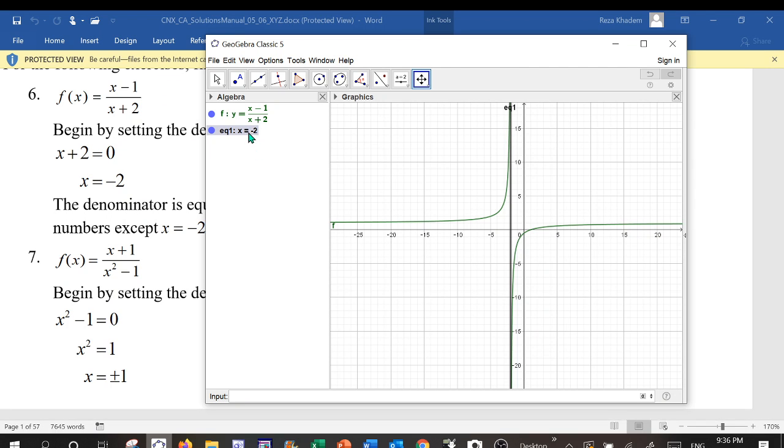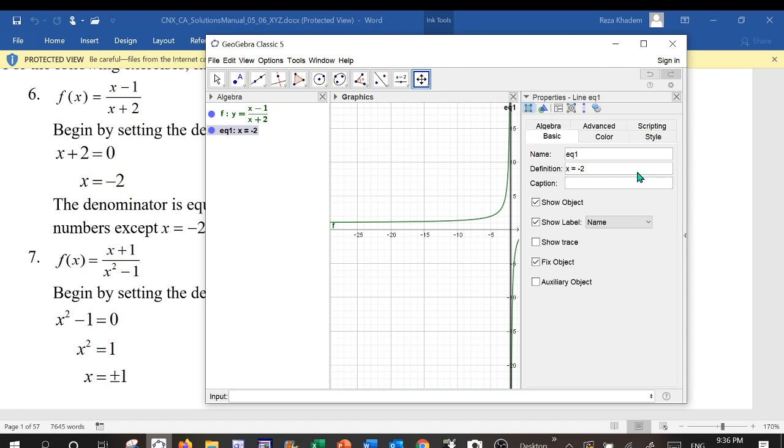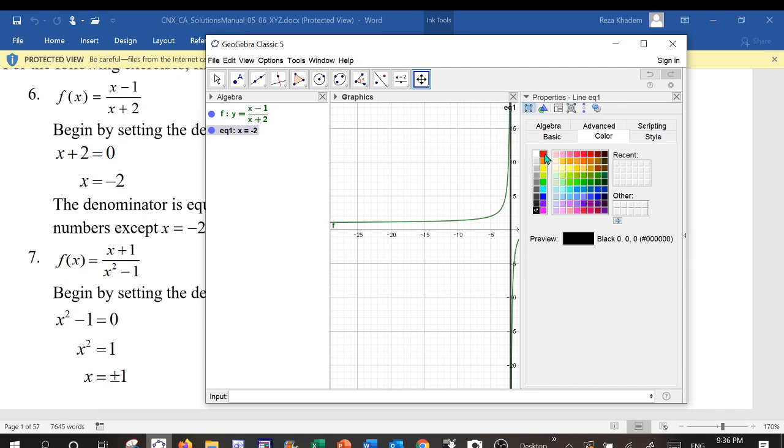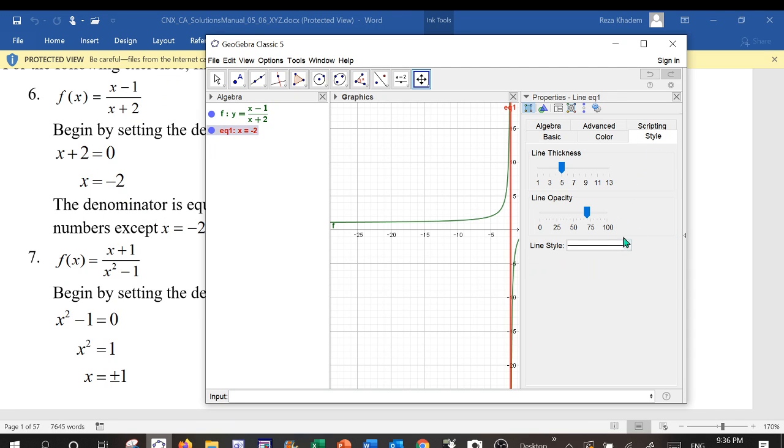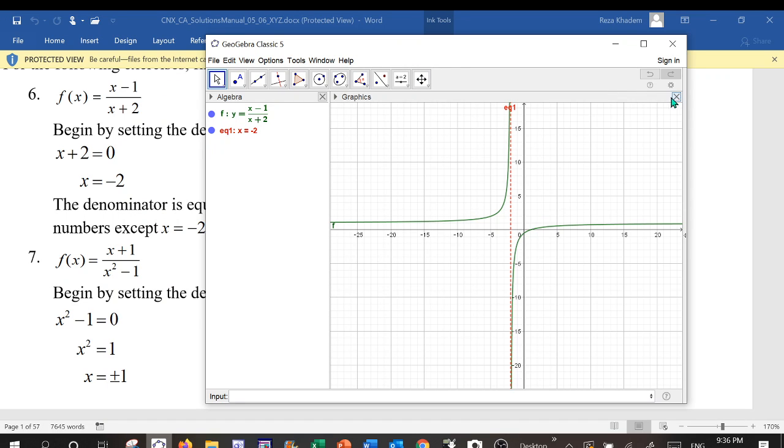And then I'm going to make it red and dotted so you can see the difference. Let's make it a dotted line. Okay, so now you see this graph is approaching but never crosses it.